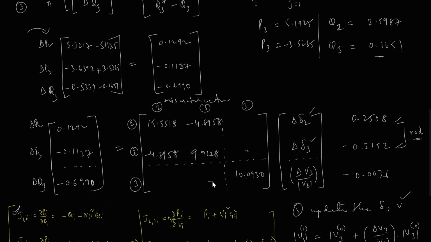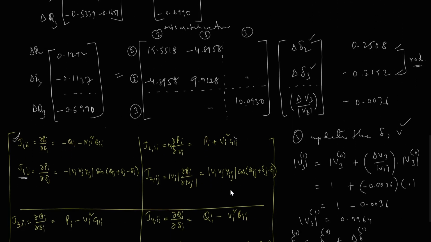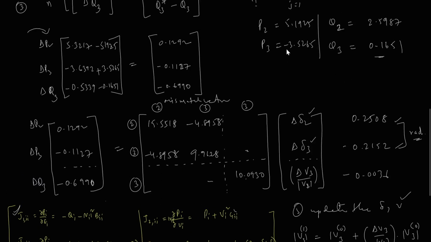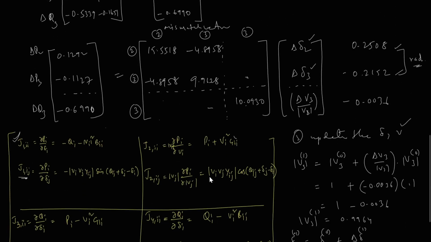Now what about this? This is diagonal and this is diagonal. This is 3 3 and this is also 3 3. I want to evaluate this J233. J233 is a diagonal element, so I have to use this equation.